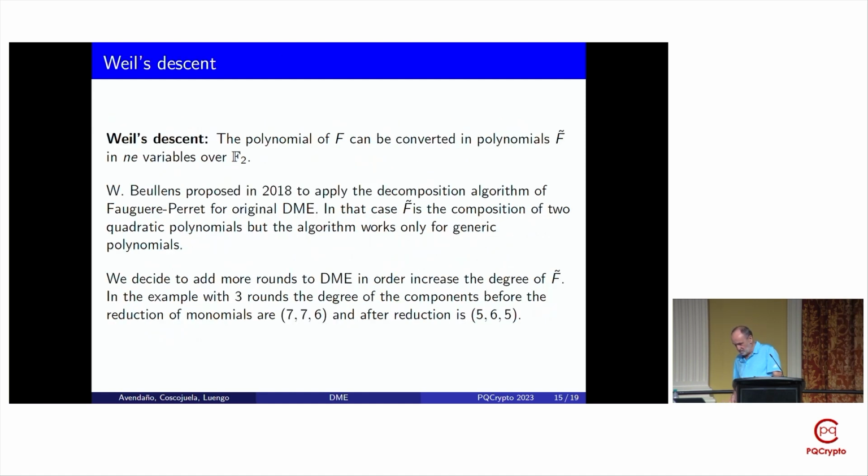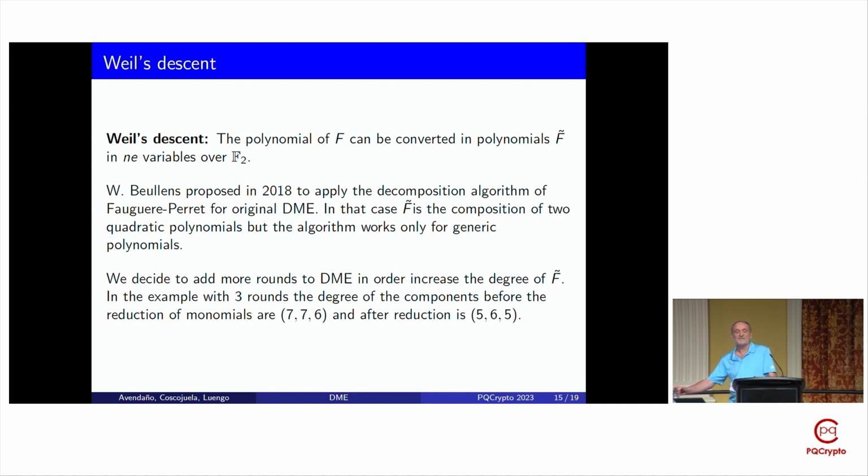Okay, and then for the Weil descent, remember, this is just getting a basis of FQ over F2, and then with a basis you can translate your polynomials into polynomials over F2.